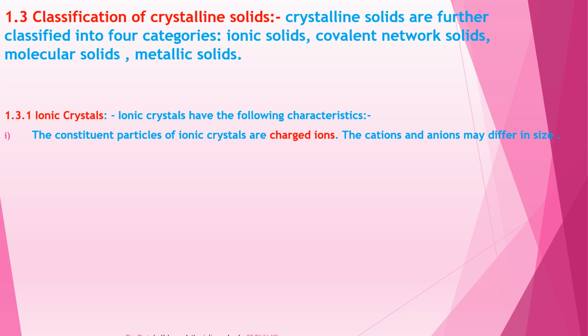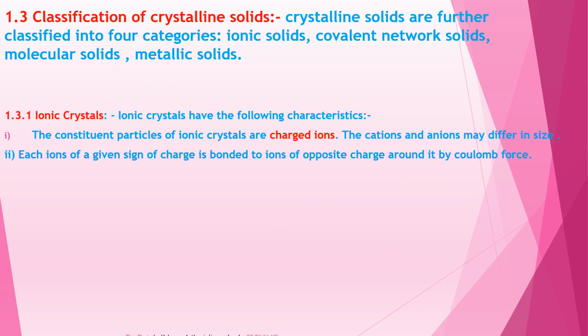First one, ionic solids. Ionic solids or ionic crystals have the following characteristic properties. First, the constituent particles of ionic crystals are charged ions, that is cations and anions, having different sizes.